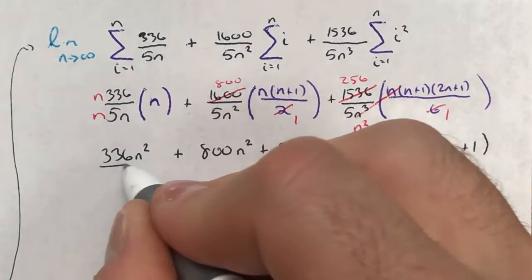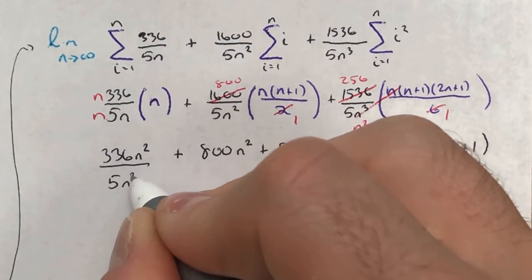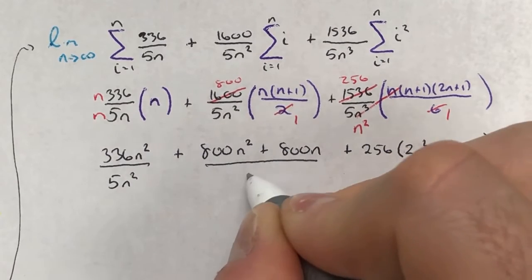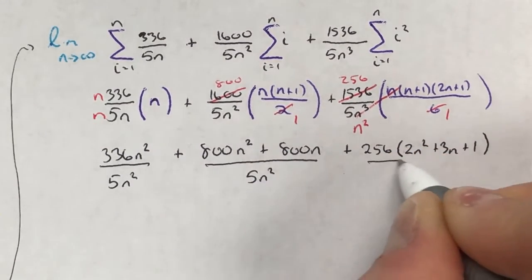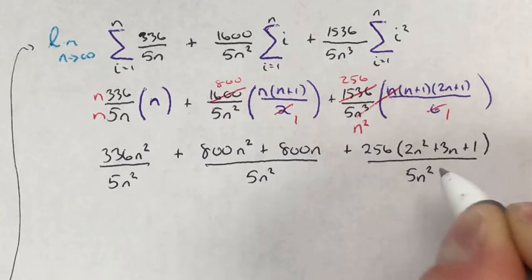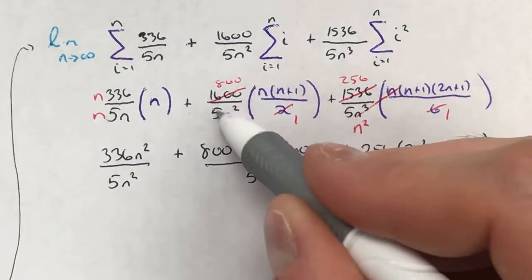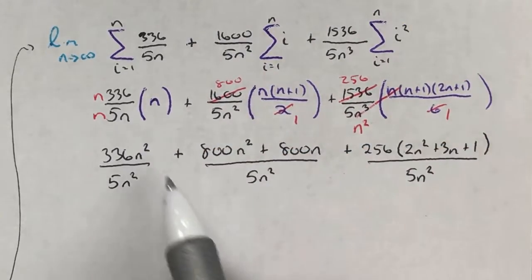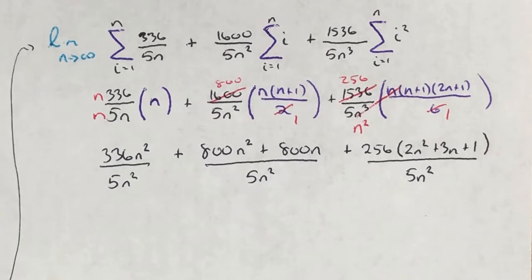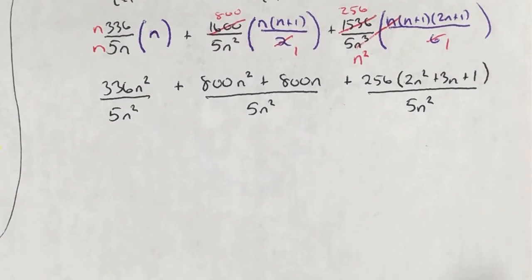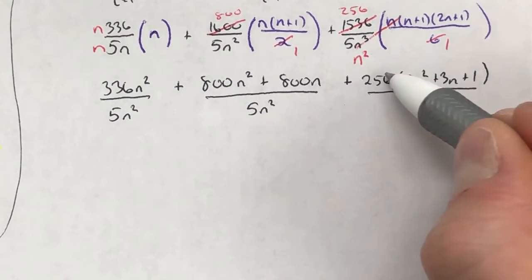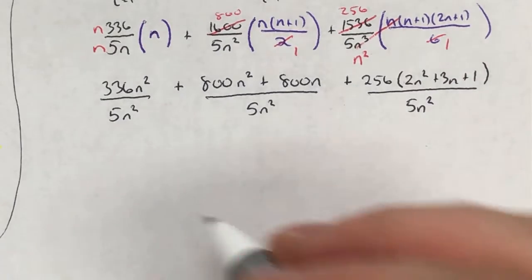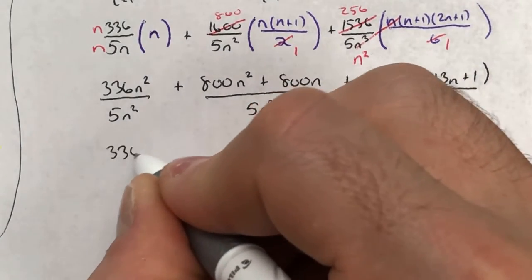And now what I'm noticing is that because they're all over 5n squared, I can just go ahead, 5n squared, 5n squared, 5n squared. I can now just look at their coefficients and combine them. But really the last step before I do that is distribute that 256.